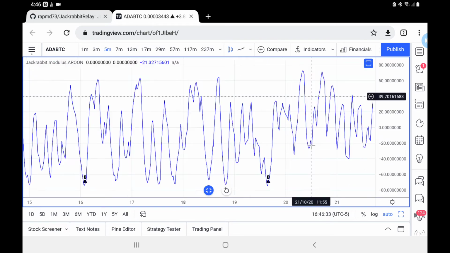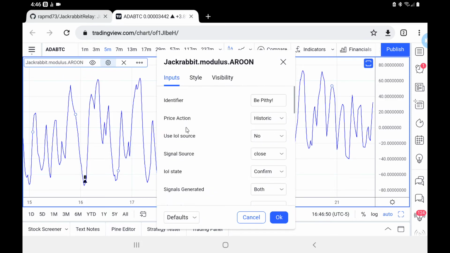Well, let's look at Aroon. Highs and lows. And I have this set to 73. Slightly less than normal because I have a twist here.